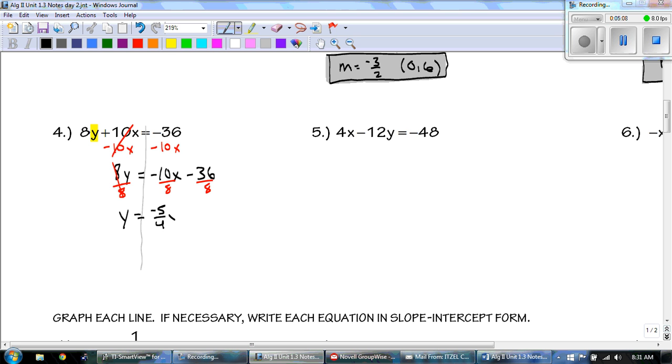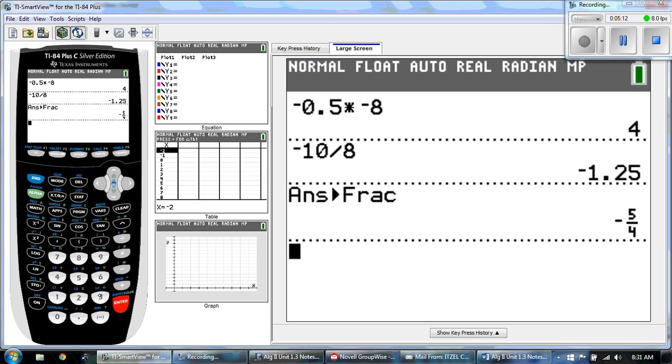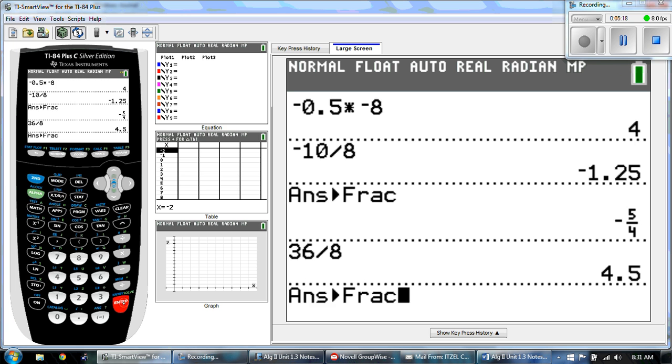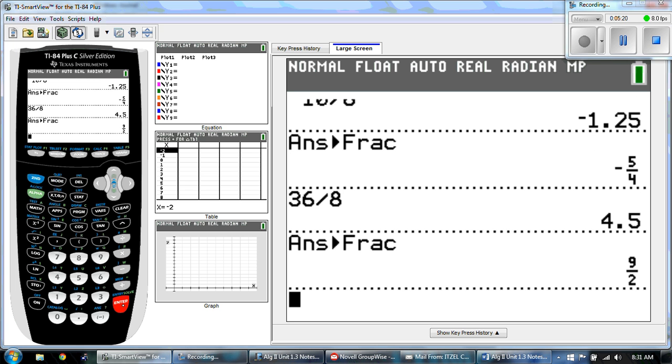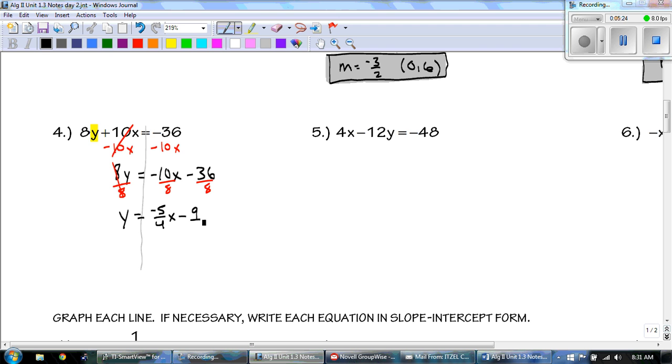So negative 5 over 4x minus, and I'm going to do the same thing here. 36 divided by 8 doesn't come out pretty. Math, enter, enter, and I get 9 over 2. Okay? So my slope is negative 5 over 4, and my y-intercept is (0, -9/2).